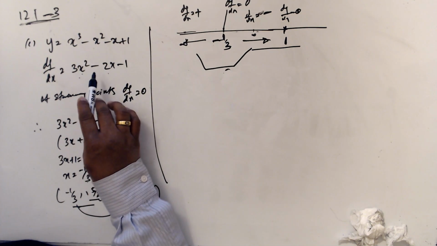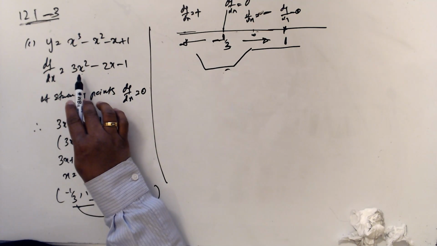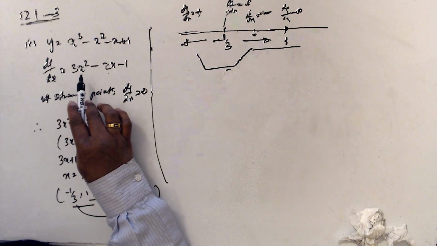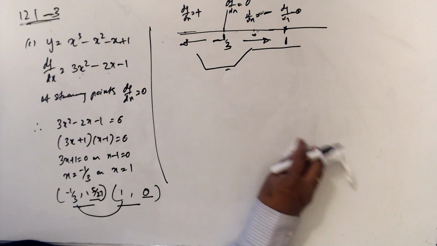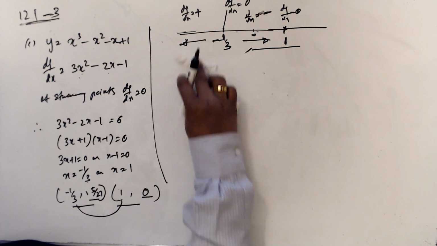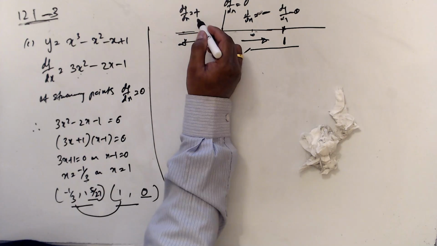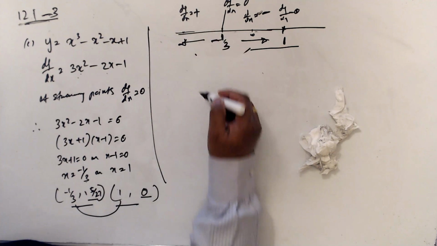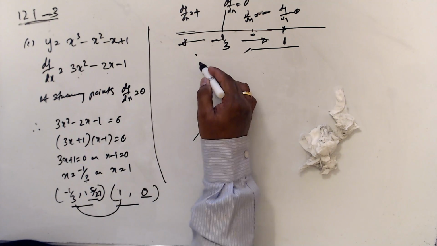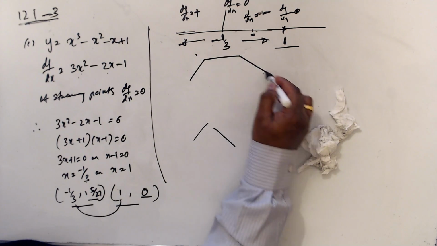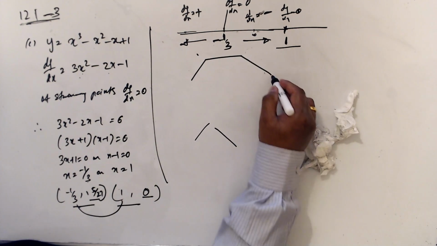And after 1, what will happen? If you put 10,000... I think I did the wrong drawing. Is this gradient positive? Which side, this side or this side? It has to be this side, then this one, then the gradient negative, and then gradient is 0.